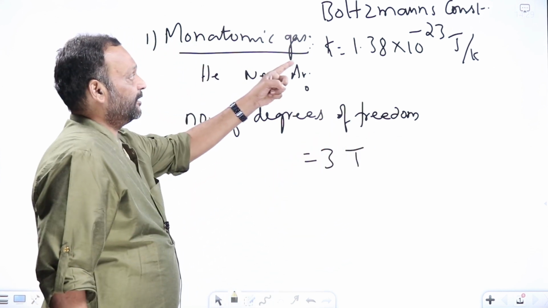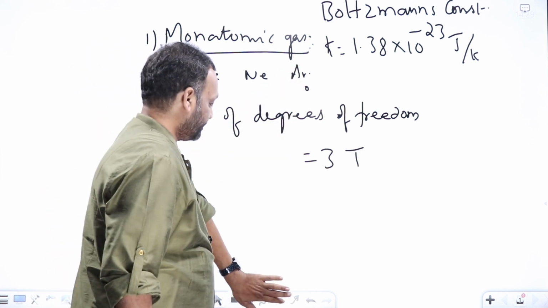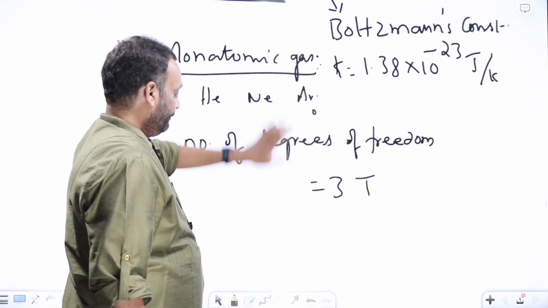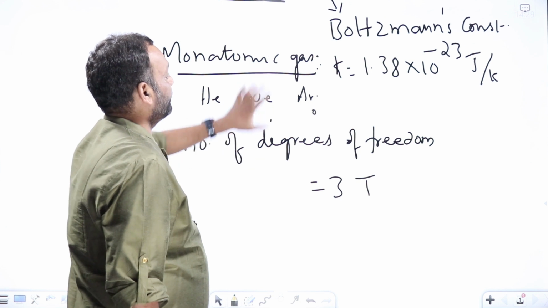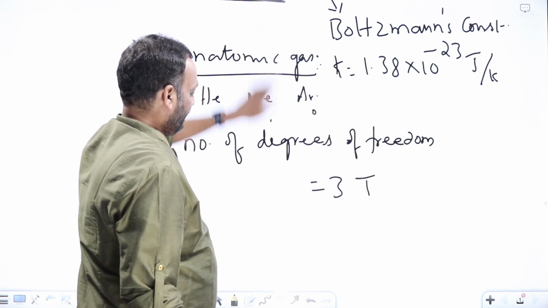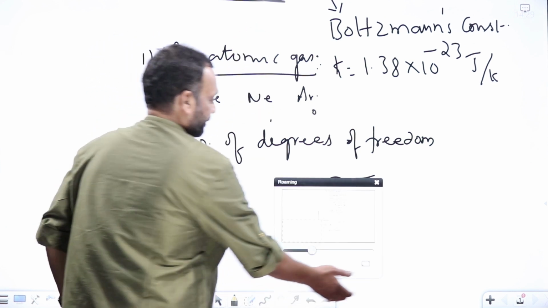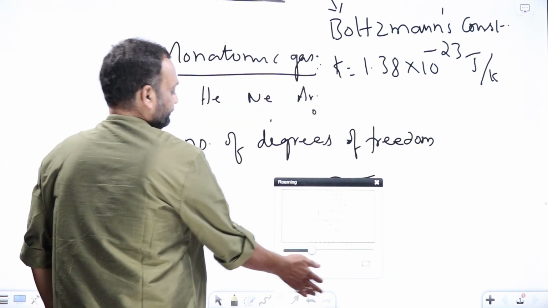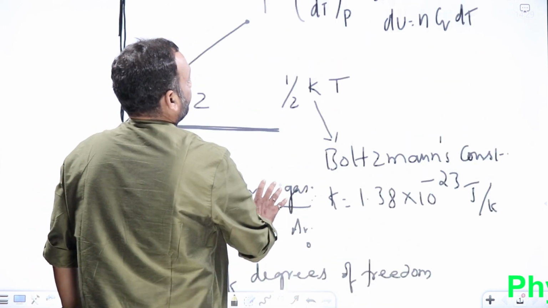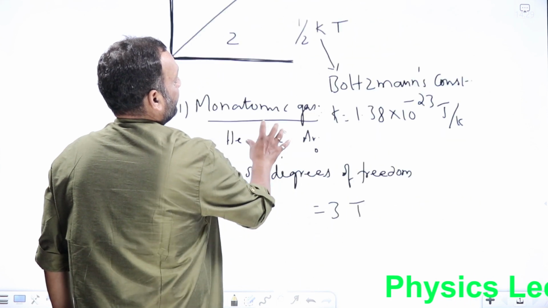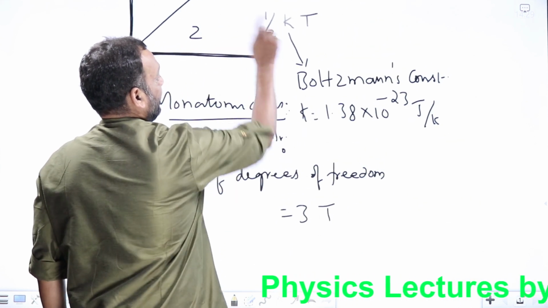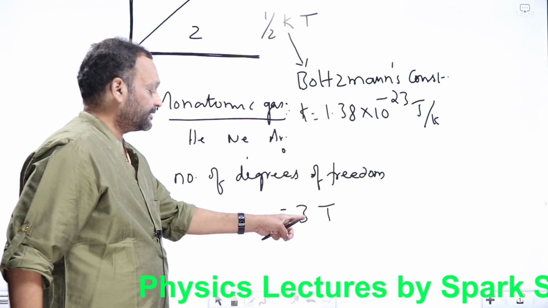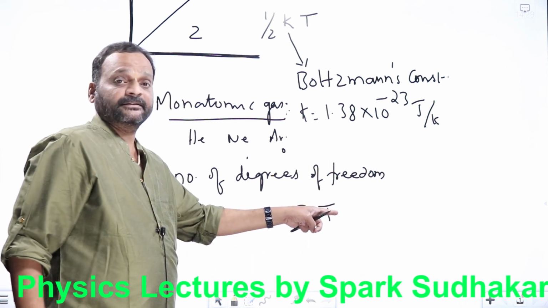What is Boltzmann's law of equipartition of energy saying? It says that the average energy per molecule per degree of freedom is equal to half kT. We are saying our atom has 3 degrees of freedom.